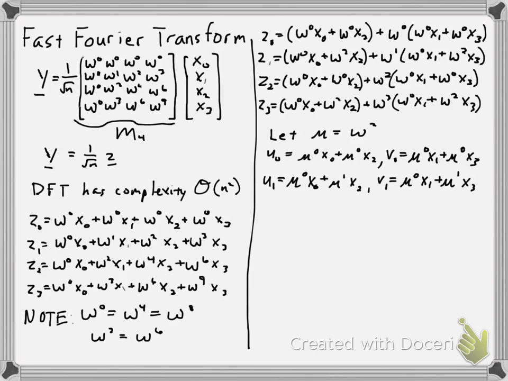So now, in terms of u and v, z0 equals u0 plus omega to the 0 v0.